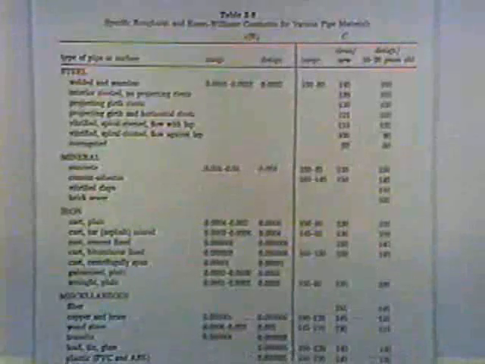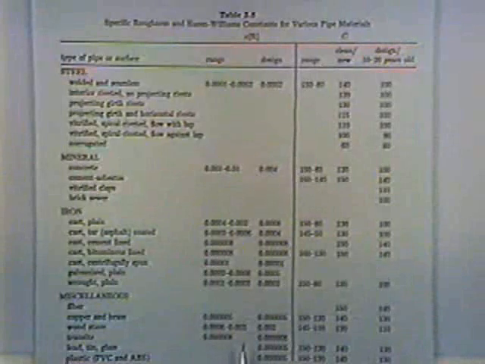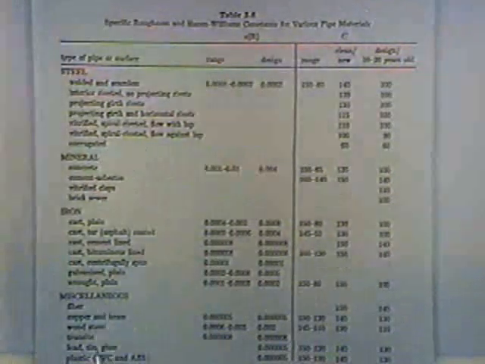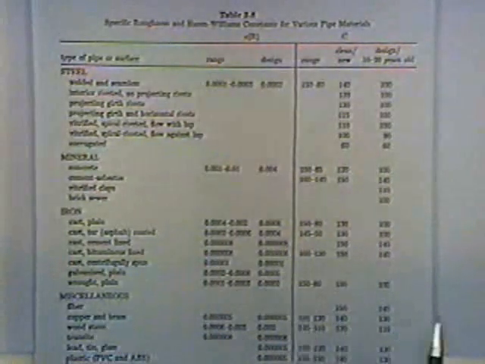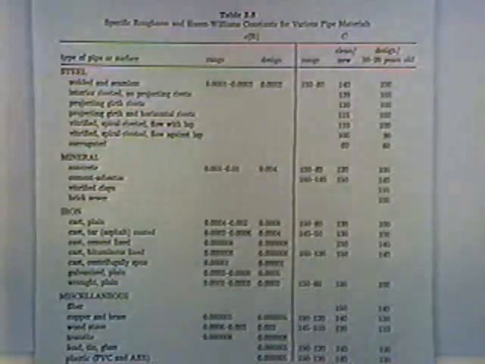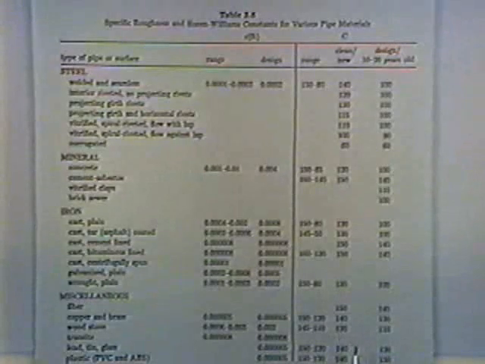Here's a page we looked at just a couple minutes ago, and we were looking at the left-hand side at the roughnesses for use in estimating the friction factor f for Darcy-Weisbach for the same pipe materials. On the right side here, we've got empirical, laboratory-determined information for the Hazen-Williams C factor.